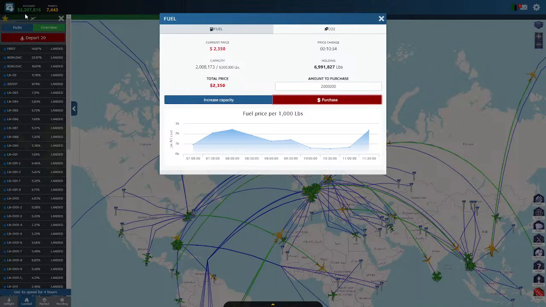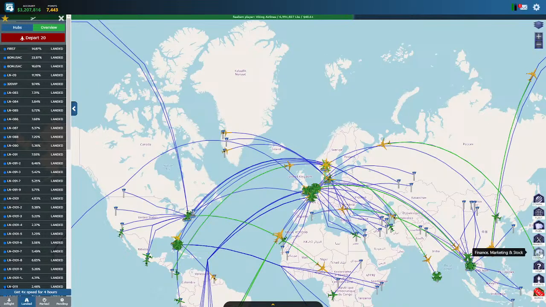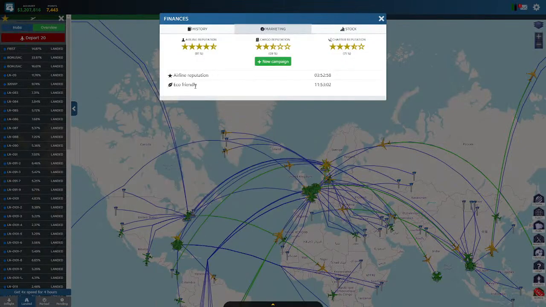I actually got, if I just send out 20 planes, if I don't send out any more, I lose about 1 million, right? It was 4 million, I believe. So 1 million. It cost me 1 million to send out those 20 planes. That's including the marketing and CO2 payment and the fuel payment and also the eco-friendly payment.